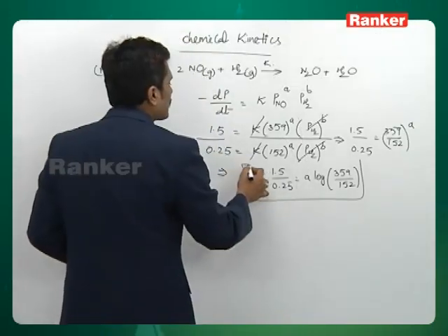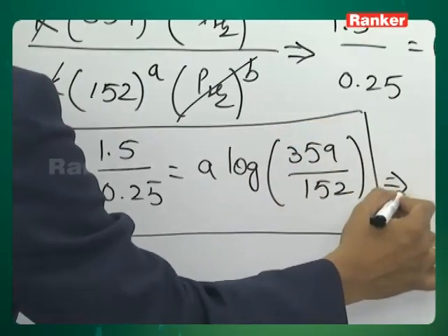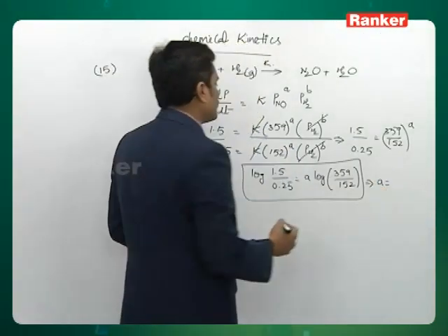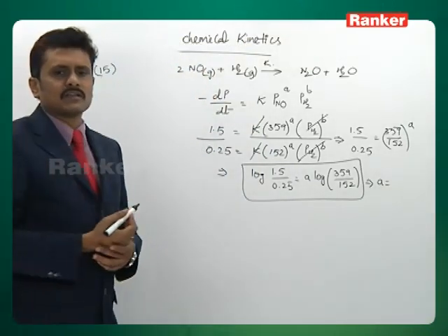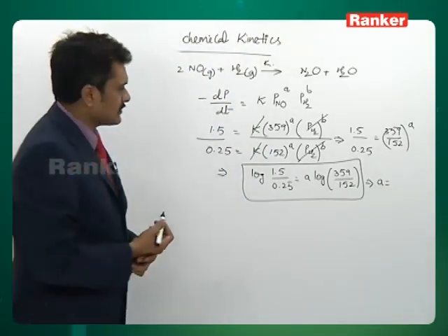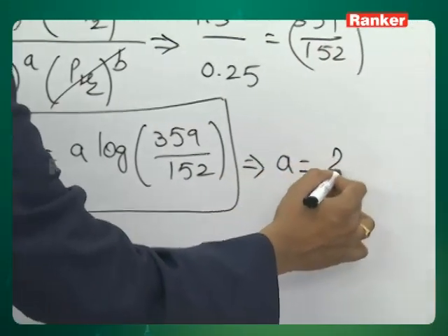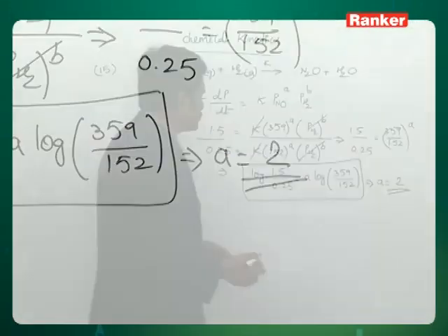So this will fetch you the value of A upon simplification. When you simplify this, you are going to get the value of A as 2.